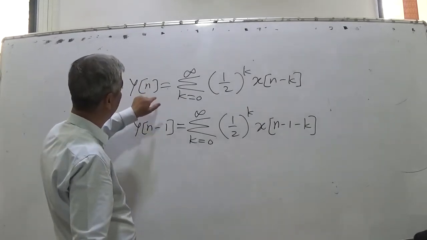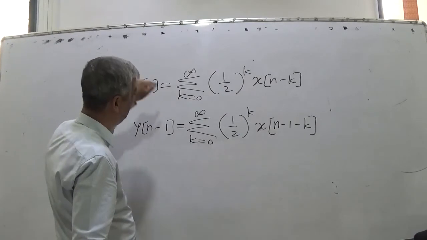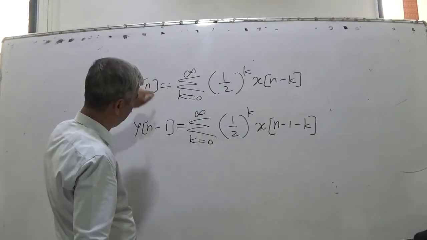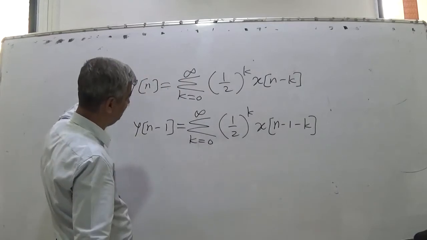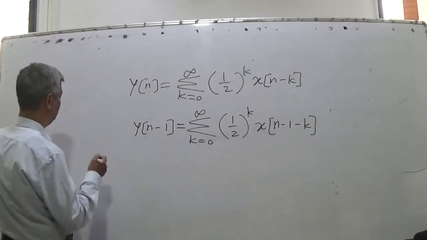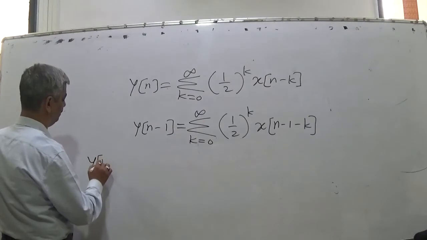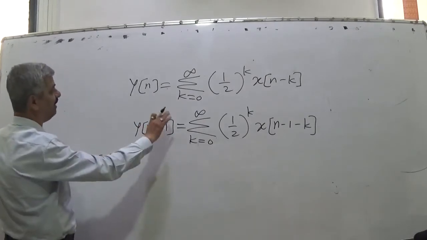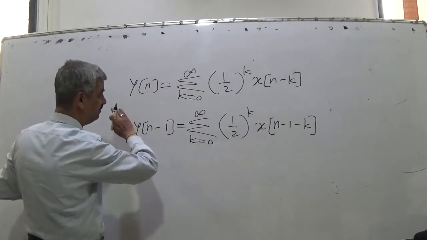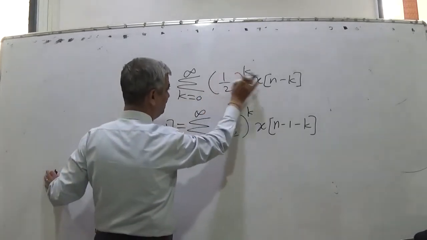So this expression I will split. xn means k equal to 0. So yn is equal to, for k equal to 0, I bring the separate term. When k is equal to 0, this is 1 and this is xn.